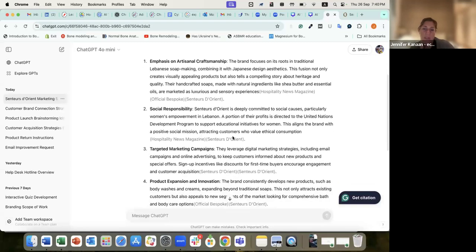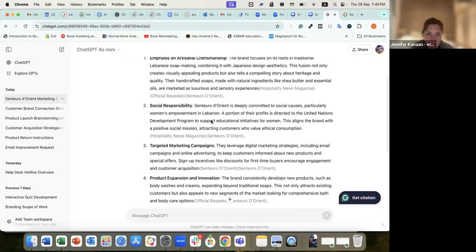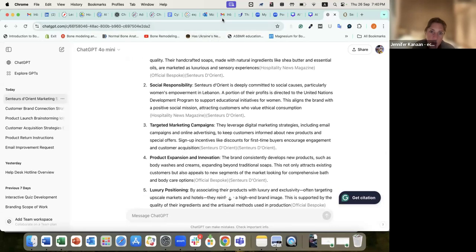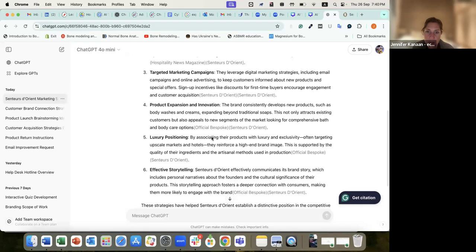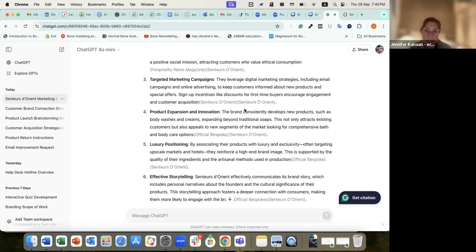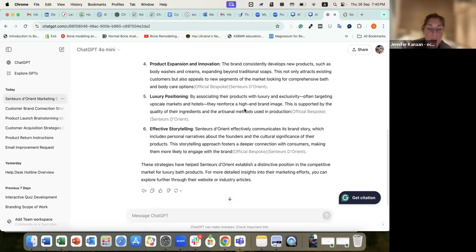Social responsibility. So they highlight social causes, particularly women empowerment in Lebanon, targeted marketing campaigns, including email campaigns and online advertising. The brand consistently develops new products. They also do luxury positioning and effective storytelling.